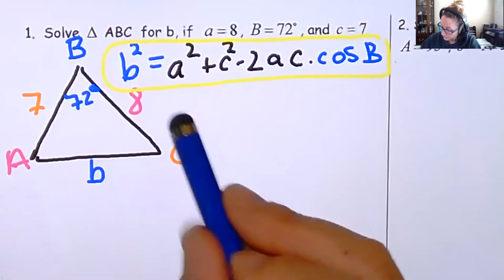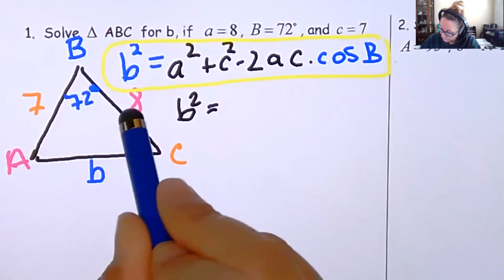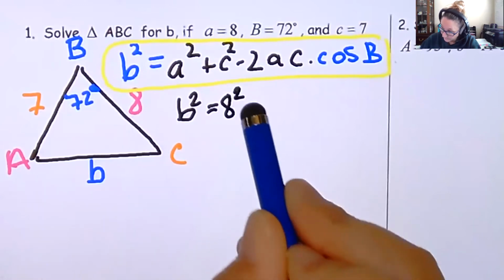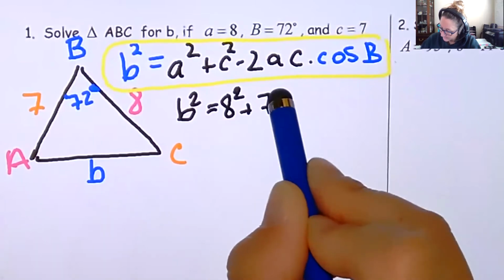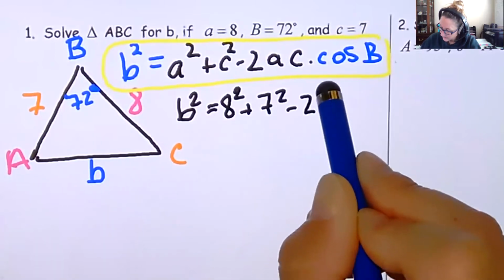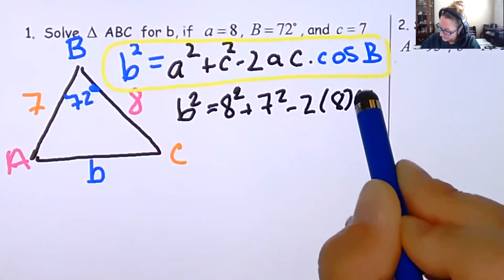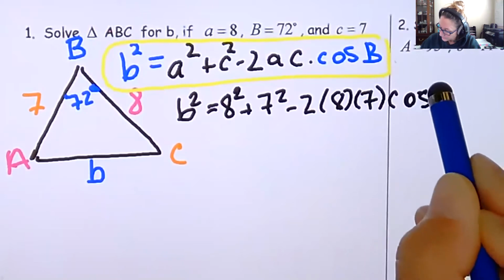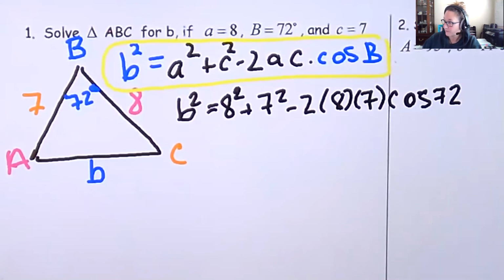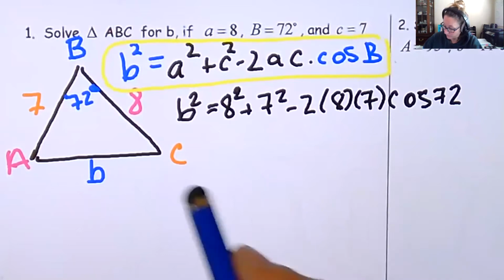So b squared, don't know it, equals my a squared, my a is 8, so 8 squared plus 7 squared minus 2 times 8, my c is 7, cosine of 72, okay? So now I am going to put this in my calculator.